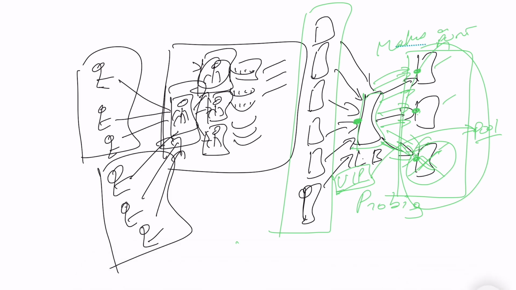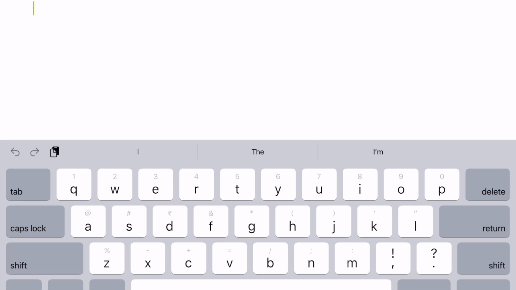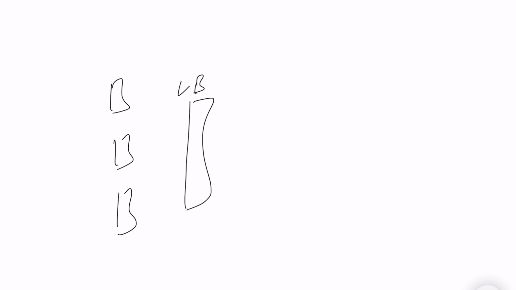Now let's look at what the rules of a load balancer are. That means what algorithms are being used. For the algorithms, let's say you have three requests coming in via an LB to, for simplicity, only two servers at the back end.